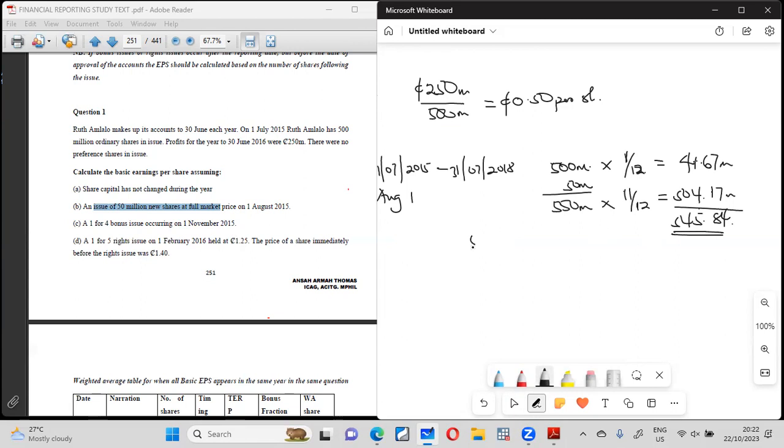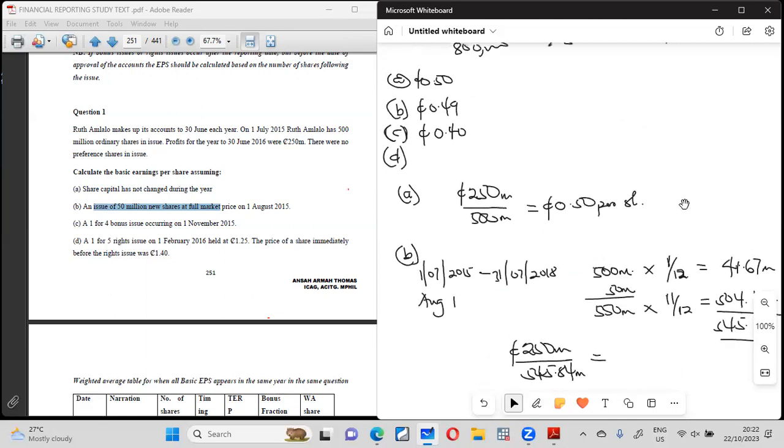So the earnings didn't change. It was 250 million over 545.84 million shares, and that gives you 0.45 or 0.46.